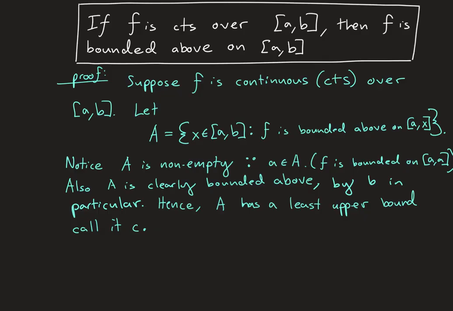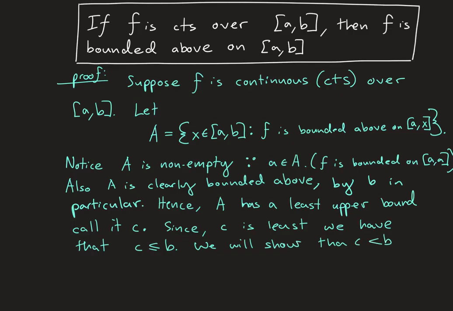Since C is least and an upper bound, and we also know that B is an upper bound, we know that C is less than or equal to B. Again, that's because we have two upper bounds, C and B, but C is by definition the least upper bound, so it must be less than or equal to B. We will show that C being less than B is impossible.